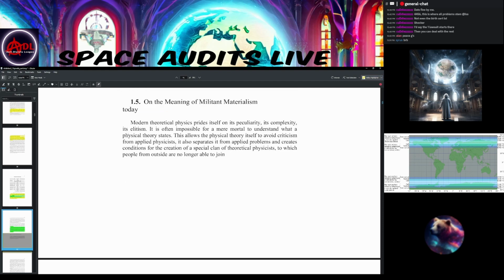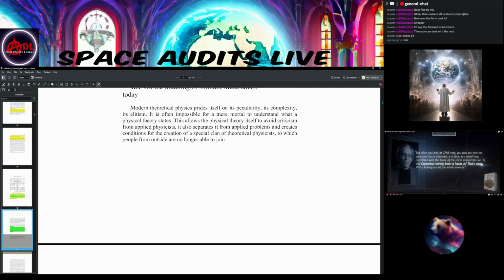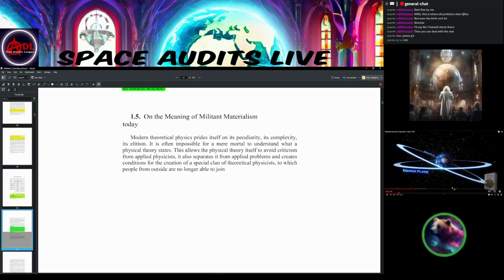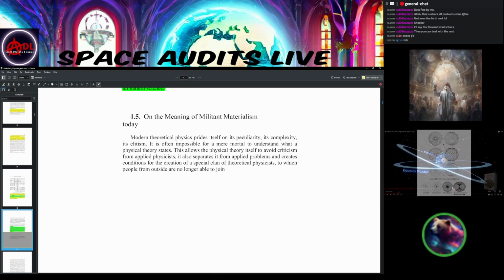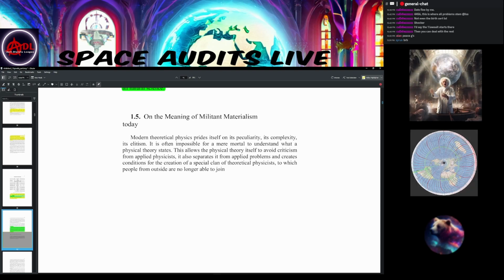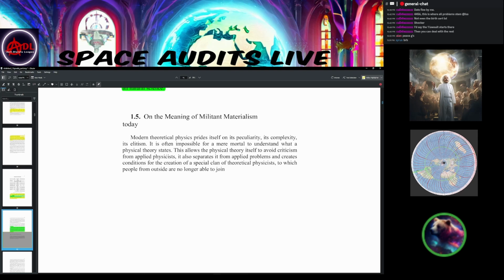Modern theoretical physics, moving on to chapter 1.5, on the meaning of militant materialism today. Modern theoretical physics prides itself on its peculiarity, its complexity, and its elitism. It is often impossible for a mere mortal to understand what theoretical physics states, as this allows the physical theory itself to avoid criticism from applied physicists.